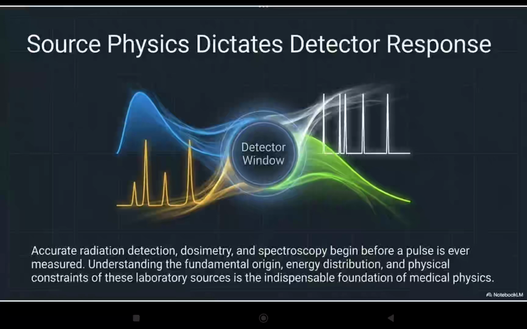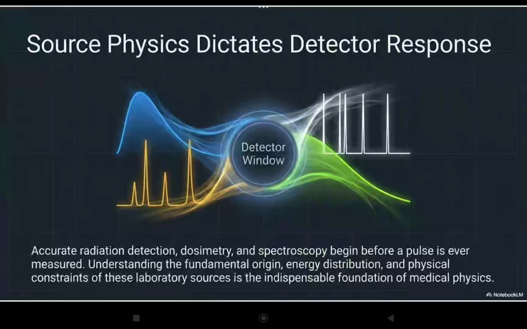I would like to close by emphasizing the main lesson of this lecture. Ionizing radiation is not one uniform entity. It is a family of source types, each with its own mechanism, spectrum, penetration, and practical use.